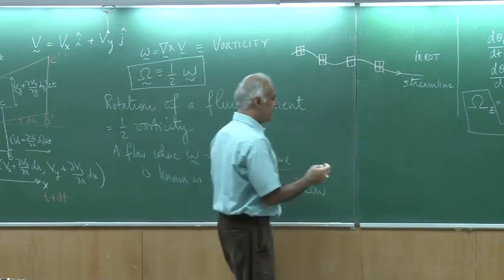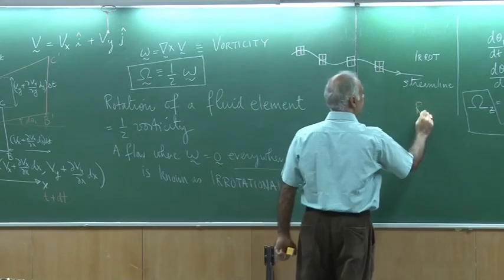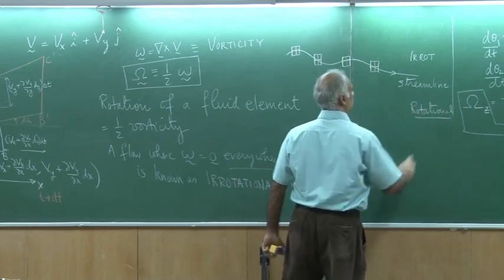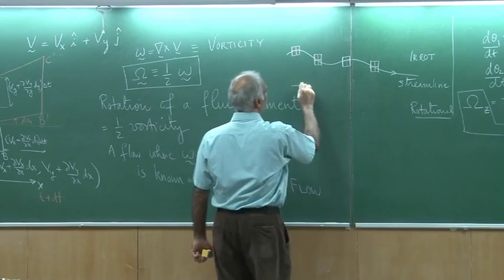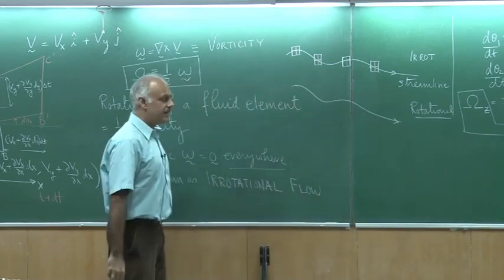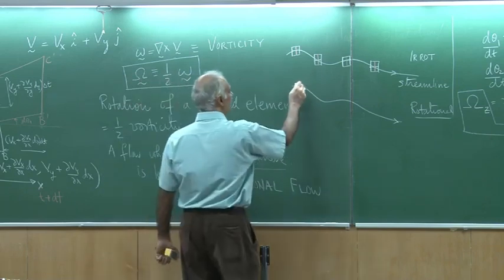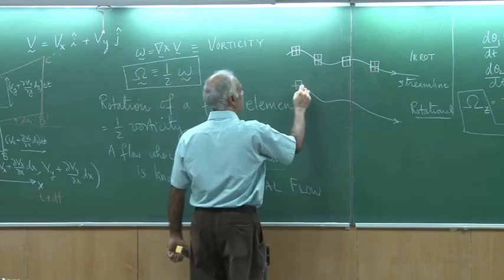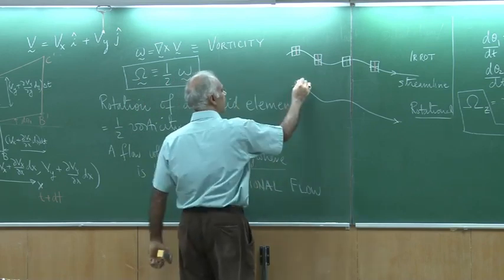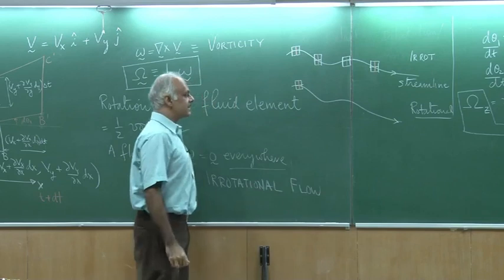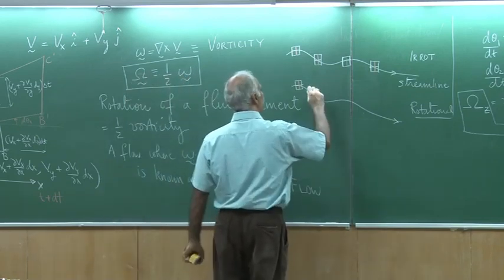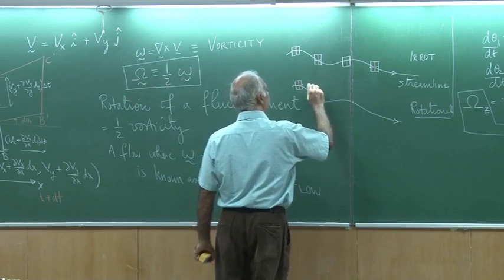On the other hand, if I had a rotational flow, and suppose I were to take a very similar kind of a streamline, and I try to see what happens to a fluid element here, which initially had an orientation like this. Maybe it kind of tilts something like this.